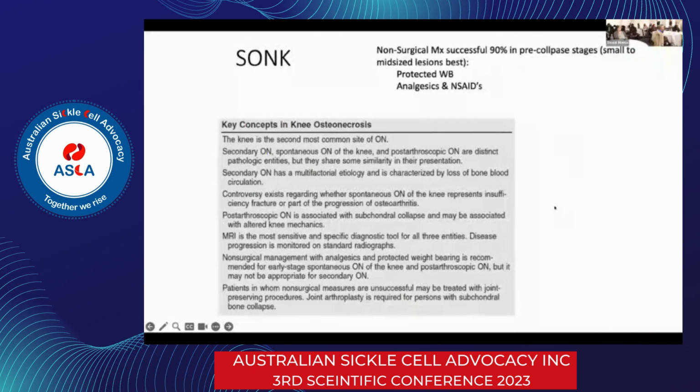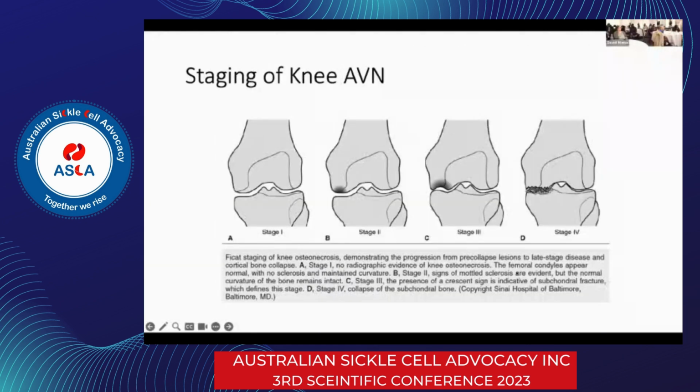There can be either primary SONK or secondary SONK, which is spontaneous osteonecrosis of the knee. The primary ones, which are just spontaneous, with no known cause, often do really well with just 6 or 8 weeks of rest, as in non-weight bearing with crutches. The secondary osteonecrosis cases do behave differently.